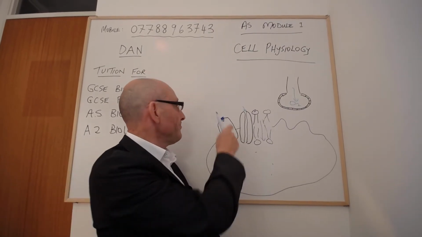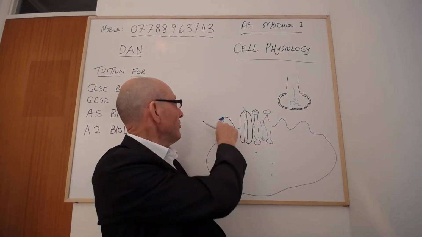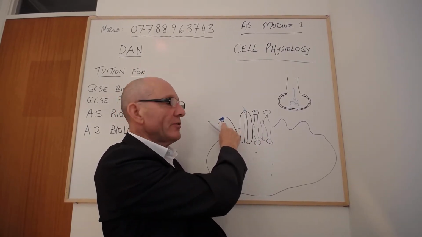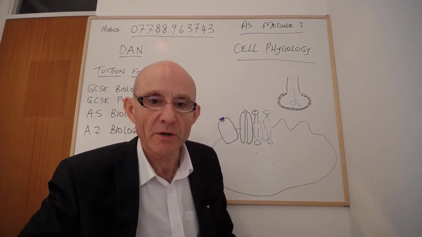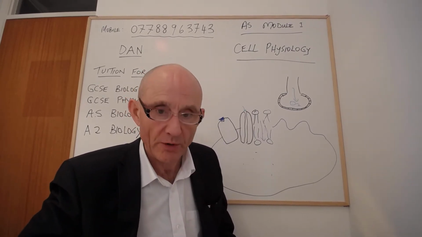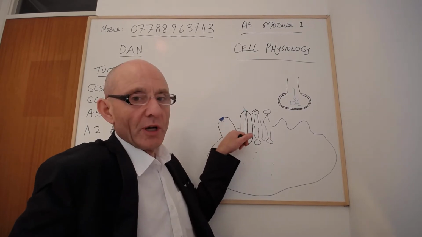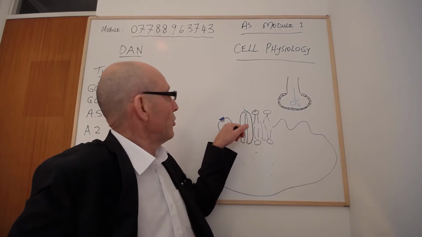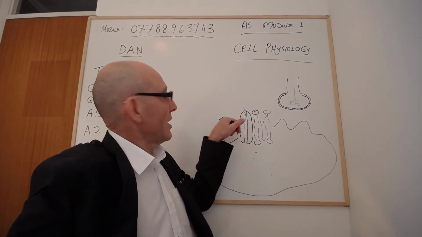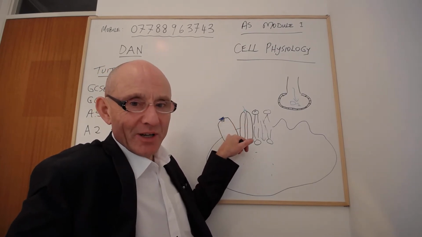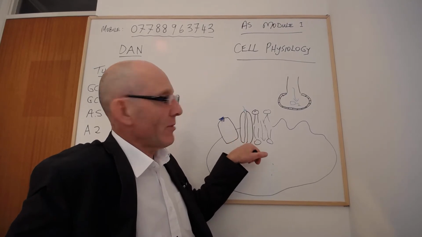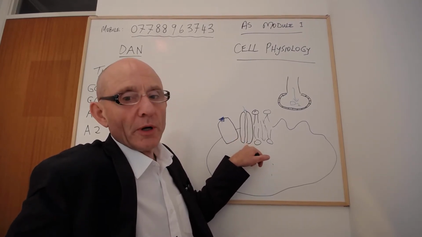But here's what happens. Once the ion or the molecule attaches to the carrier protein, the protein makes a channel for it, or makes a way for it to get through. So there's no channel to begin with. There's no door open, as it were. But once the ion attaches, the protein opens up a channel and lets it in. So my way of looking at it is channel proteins are open all the time.